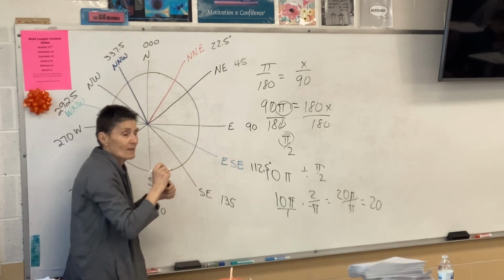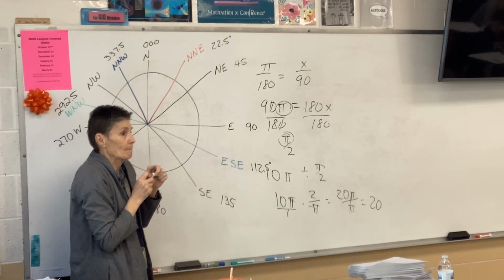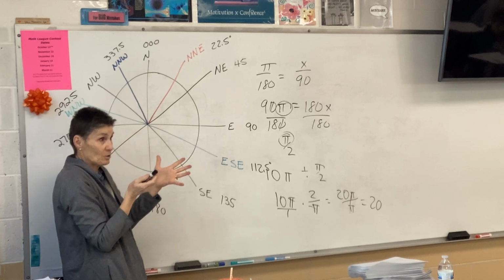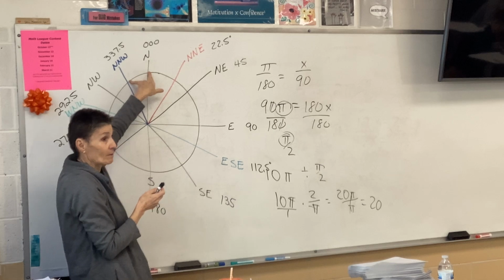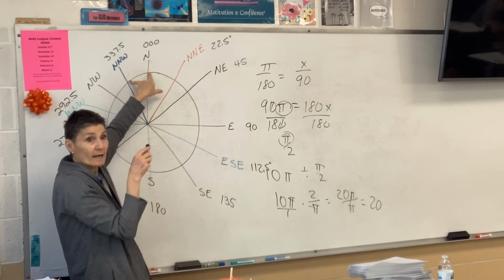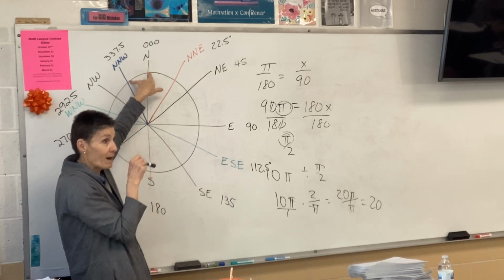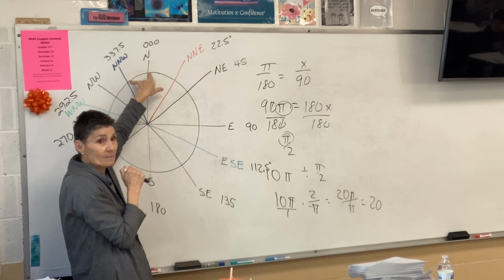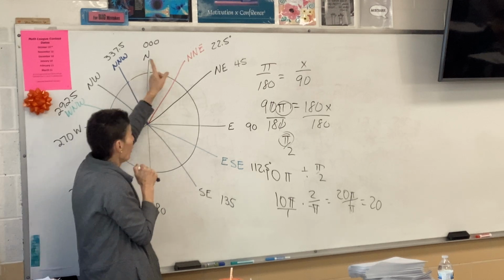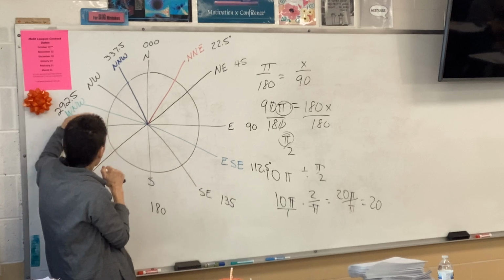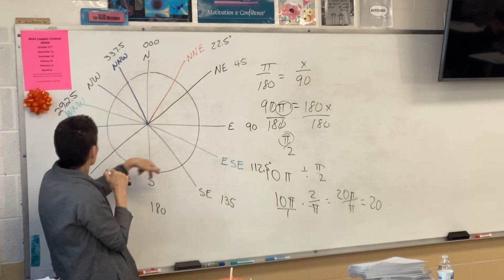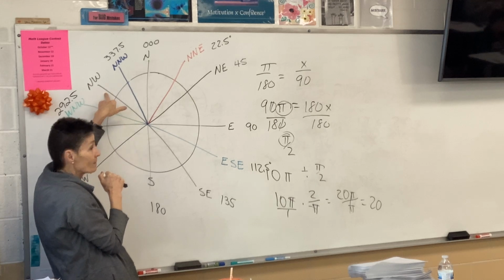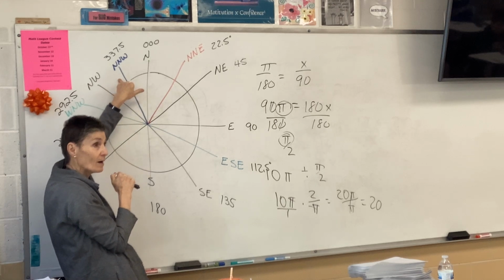How did we figure that out? A couple different ways you could do it. First of all, isn't it all the way around except for this little bit right here? So could I take 360 minus 22 and a half? Yep. That would work. I could also just start adding up the increments. You know, 270 and another 45 and another 22.5.